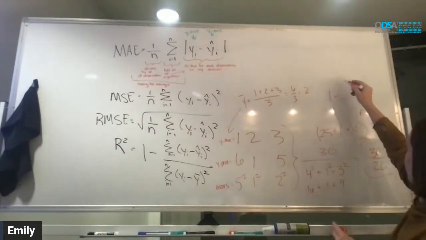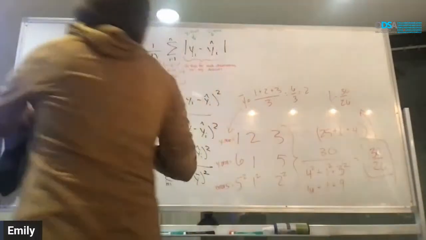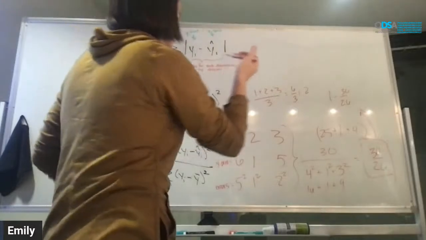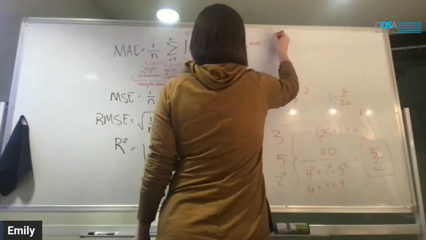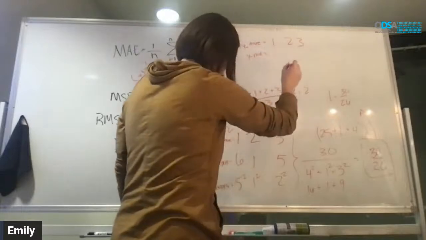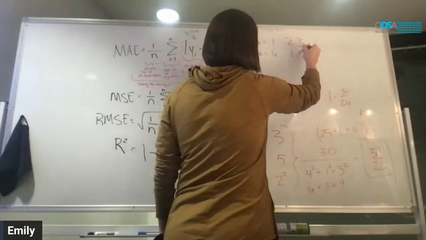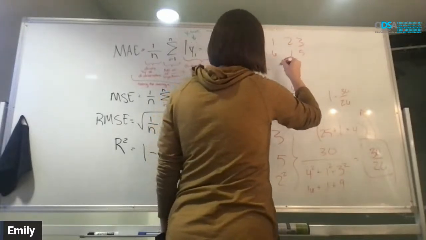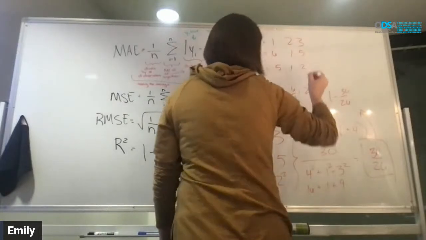You're right. All right, let me clean this up real quick because this kind of got messy. I'm just going to start at the top and work down. So we have our y true equals 1, 2, 3, y pred equals 6, 1, 5. Our errors are equal to 5, 1, 2.